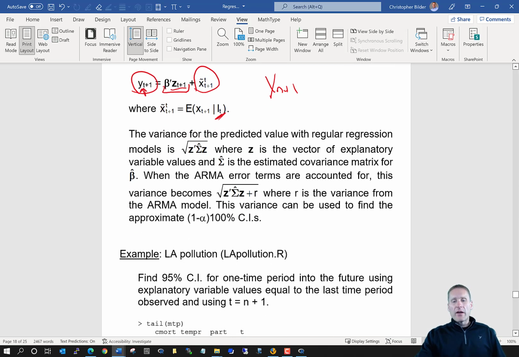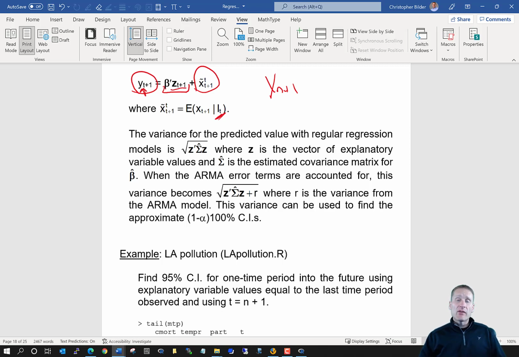Well, what about the variance for the predicted value, or the forecasted value? You want to have a 95% confidence interval. What do you use for that variance? Well, in your previous regression experience, you've looked at how to find confidence intervals for the corresponding response.